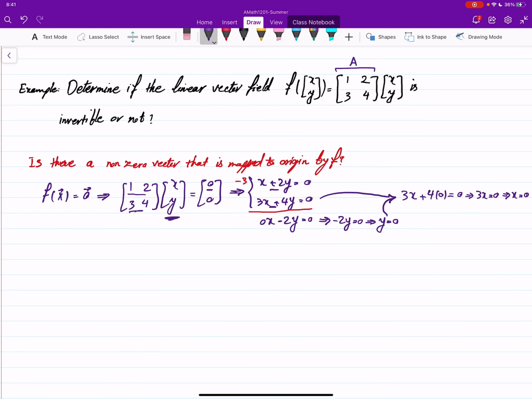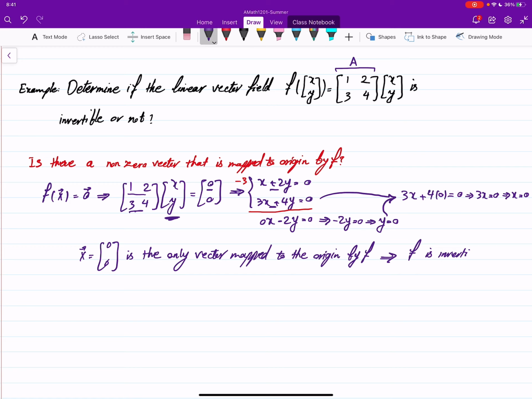So what we showed here is that x equal to (0, 0) is the only vector mapped to the origin by the function f. As a result, we can conclude that f is invertible.